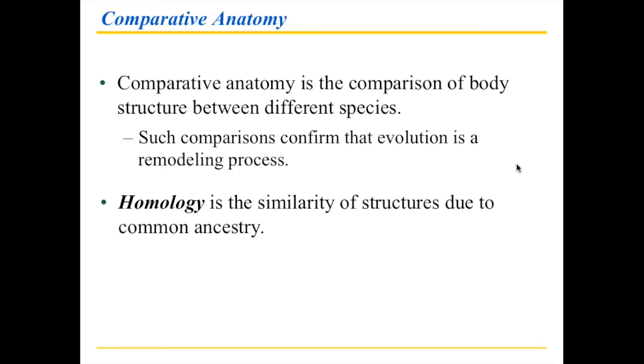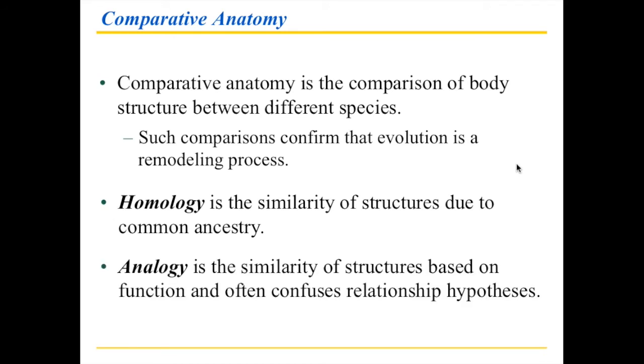The first one of these is homology. Homology is when we have a similarity of structures because of common ancestry. So let's say you have an eagle and you have a seagull. Those are both birds. They both have wings. And so their wings are similar because they have common ancestry. They're both birds.